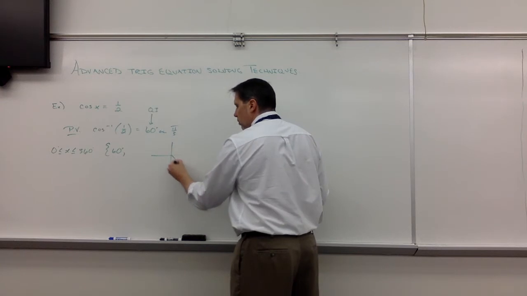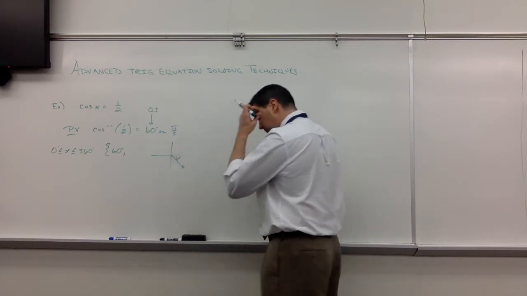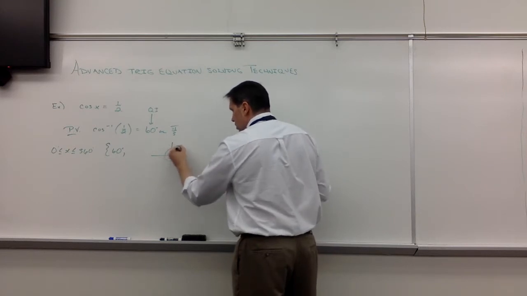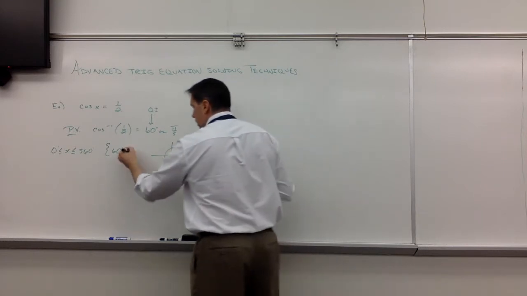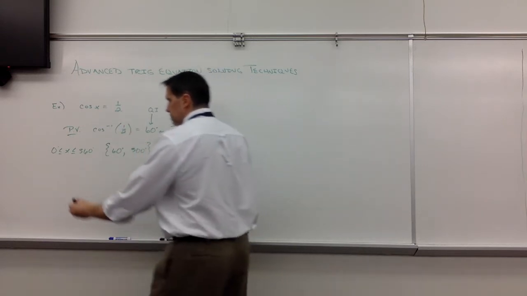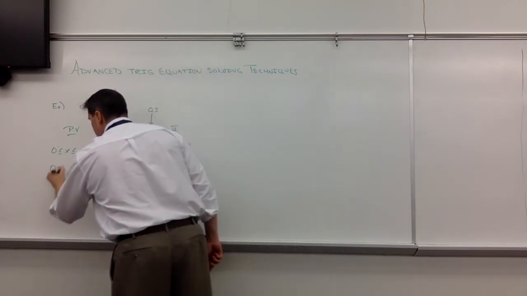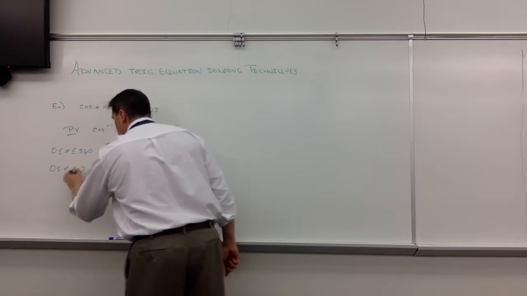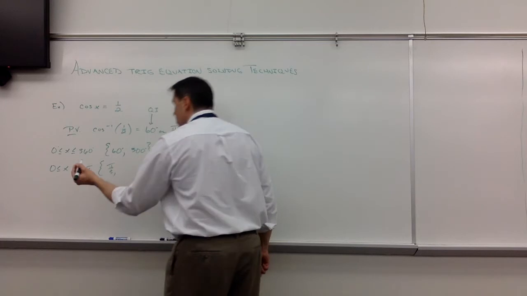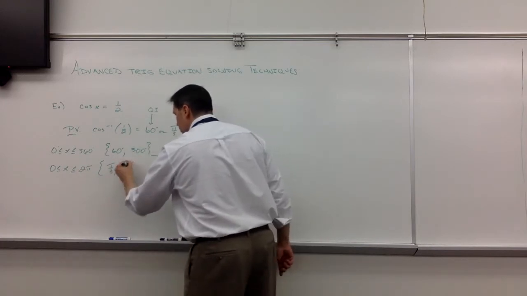Quadrant 4, we'll draw a reference angle of 60. And we get 300 degrees for our actual angle. And then just putting this in terms of radians, 0 less than or equal to x less than or equal to 2 pi, we would say 60 is pi/3, 300 is 5 pi/3.